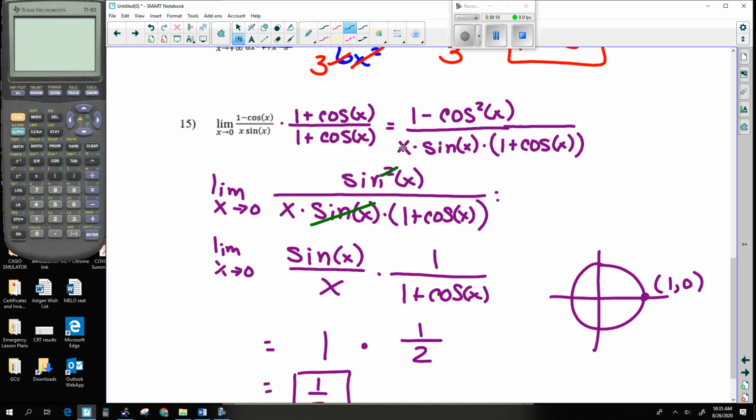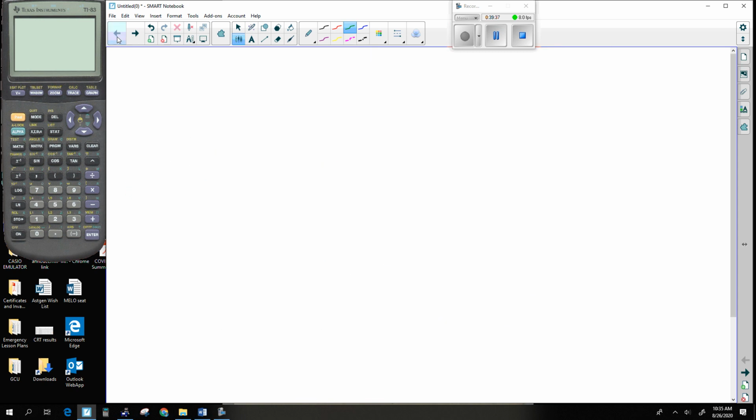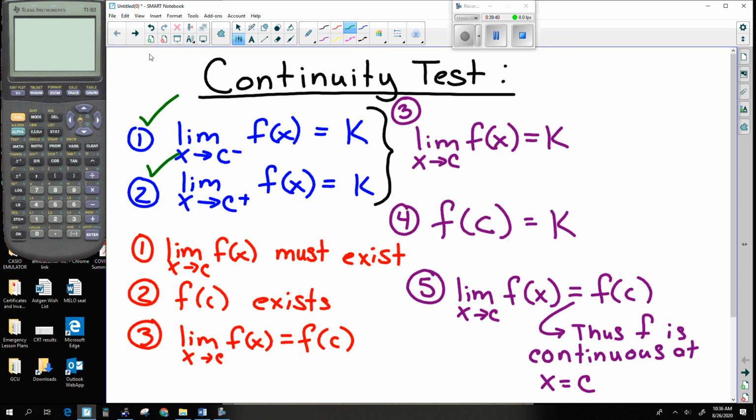This problem right here is a good example. So you have this trig identity of 1 minus cosine squared is sine squared, and you also know that sine x over x when x goes to 0 is going to be equal to 1. So if you know number 15 and you know the continuity test, you're doing pretty decent.